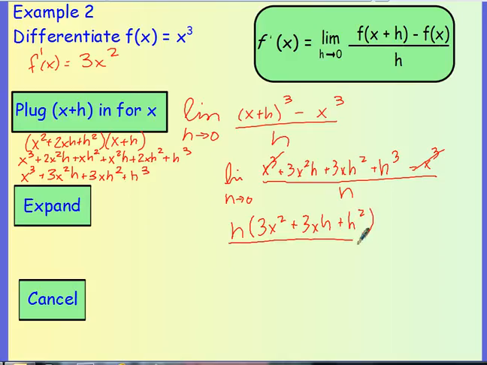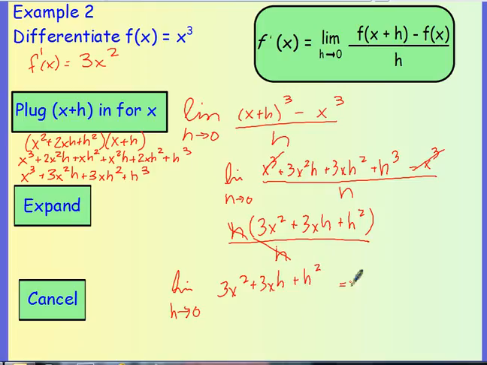And then all that's still over h. But then you notice what? The h's cancel out. So in the end, I'm left with the limit as h approaches 0 of 3x squared plus 3xh plus h squared.